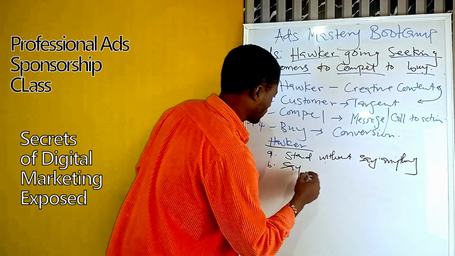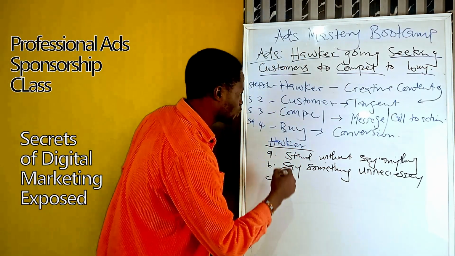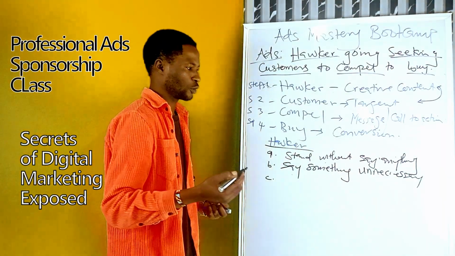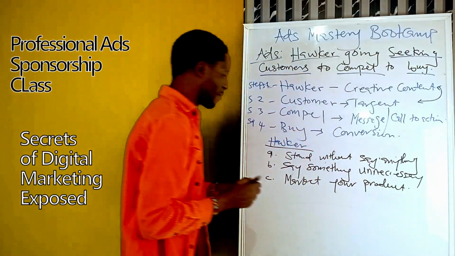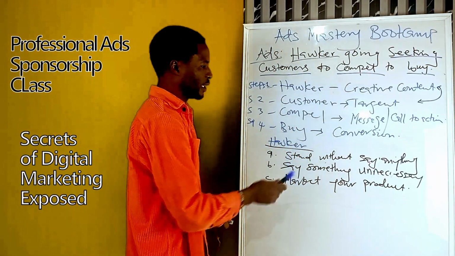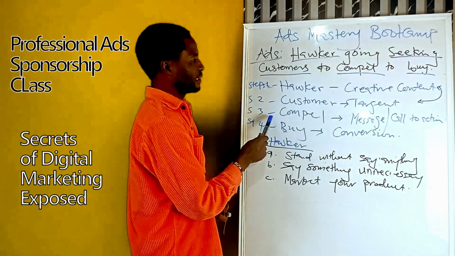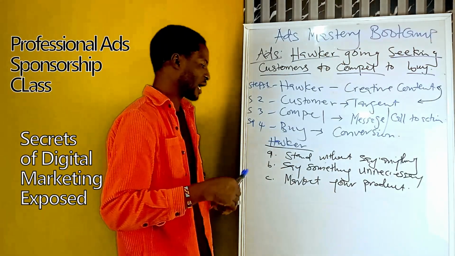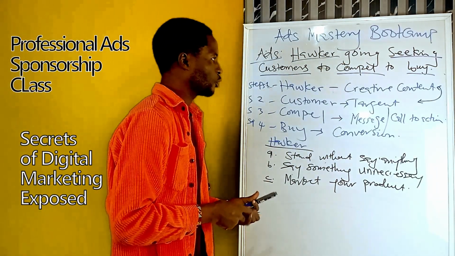Then another possibility is that your hawker can actually market your product to your customers, that is, compel them to buy. Now, my question is, among these three, which one do you think will get to stage three and lead to stage four? Well, you can answer that question. Of course, that would be option C.